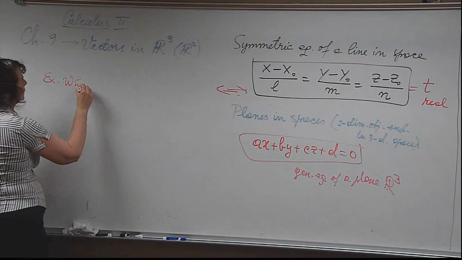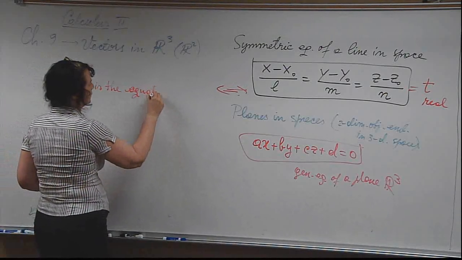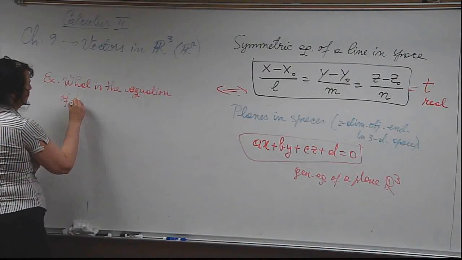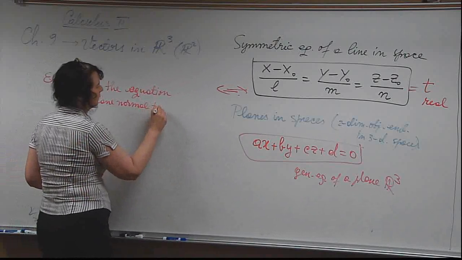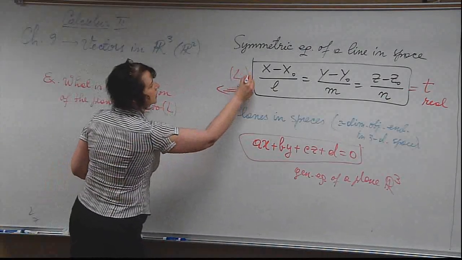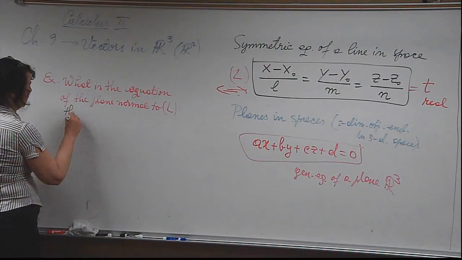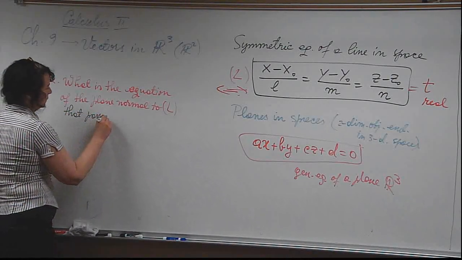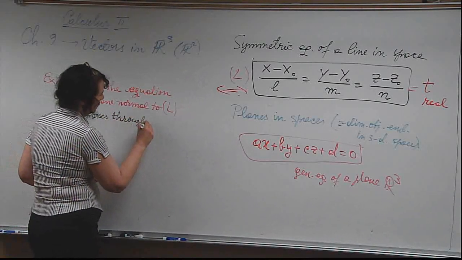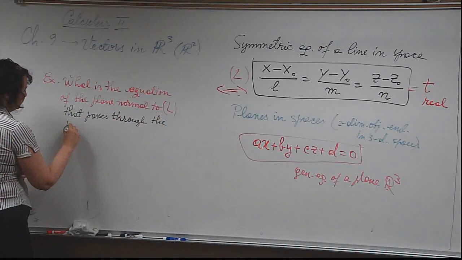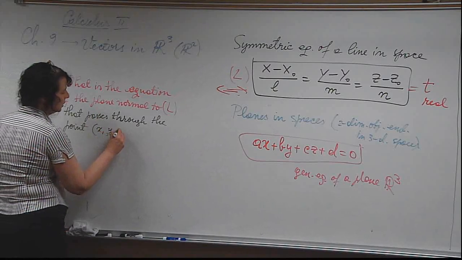What is the equation of the plane normal to the given line? And this is the given line. Look at it, how beautiful. And that passes through another point, x1, y1, z1 that I give you.